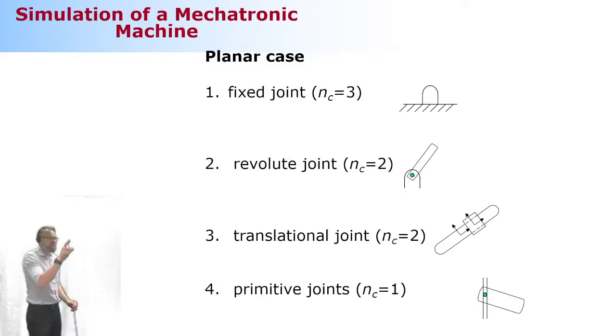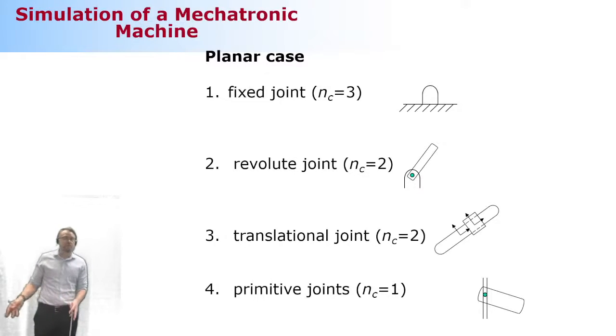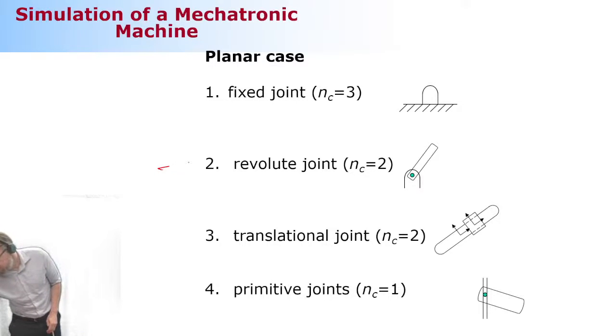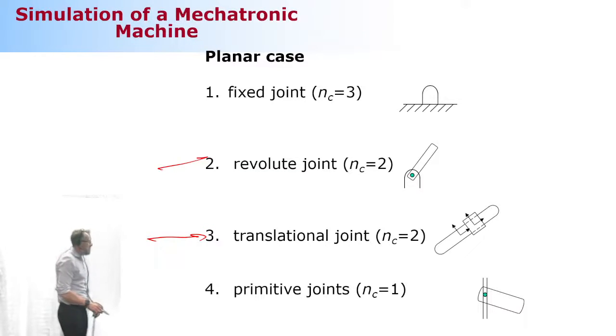Okay, here are the number of constraint equations needed in the different cases. A fixed joint is not even a joint because it eliminates all possible motion scenarios, so it doesn't make sense to use anything like that. Revolute joint, two constraints. This is what we learned earlier. Translational joint, I'm going to show you an example later today. Two constraint equations.